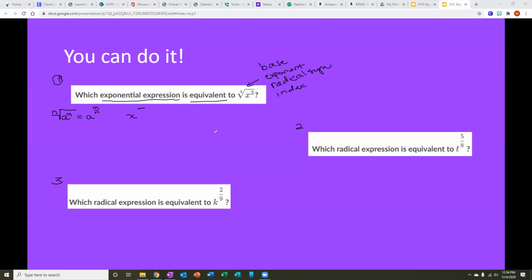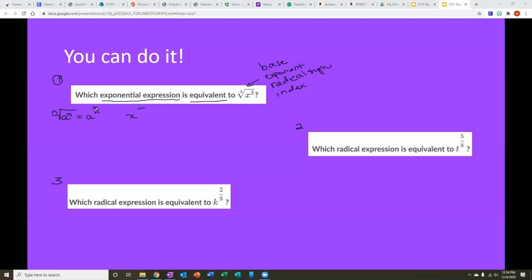So when I rewrite this, there's nothing to simplify. There's no like terms, there's no grouping symbols. So I need to make sure that I have the same number of things. So I want 4 things. Well, I have the base, that's 1. I have the fraction bar that used to be the radical sign, that's 2. Now I need to do something with the exponent and the index.